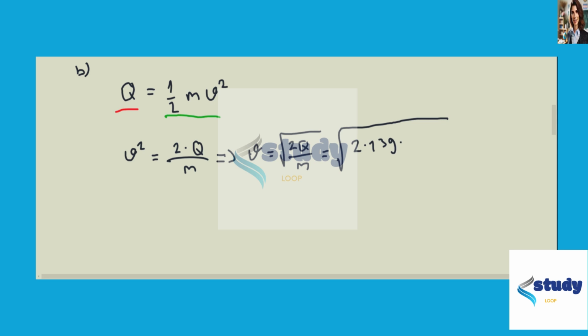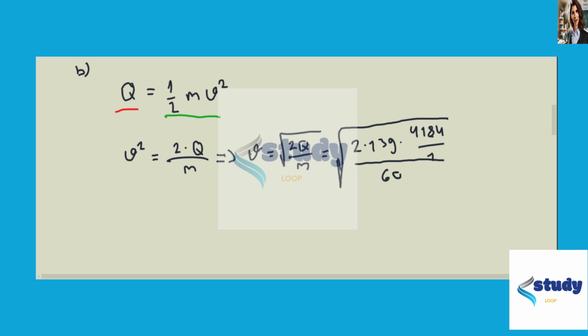So it's times 4,184 joules per kilocalorie, over 60 kilograms, all under the square root.